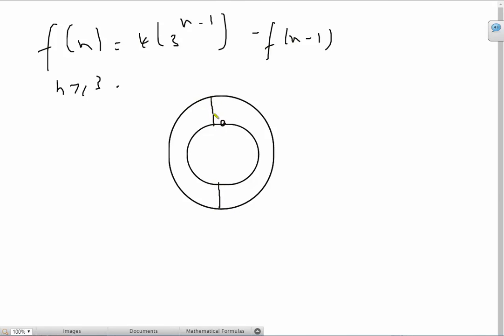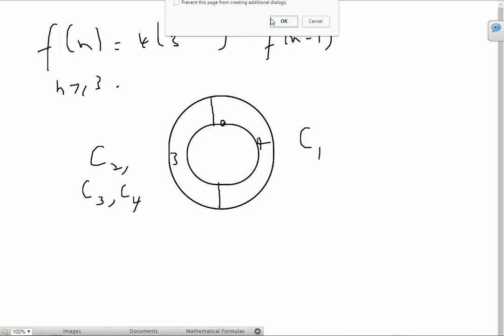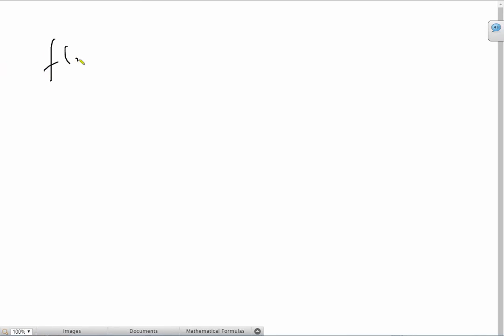So I'm saying that I can color this one in 4 ways, and I can color this one in 3 ways. And this is absolutely fine. There's no way that these two sections can overlap in color. If we color the first one in, say, C1, then we'll always have 3 other valid colors, C2, C3, C4, to color this one with. And so we've proven now that f of n equals 4 times 3 raised to n minus 1 minus f of n minus 1 for n greater than or equal to 3.